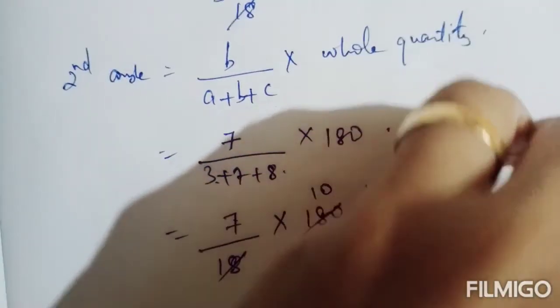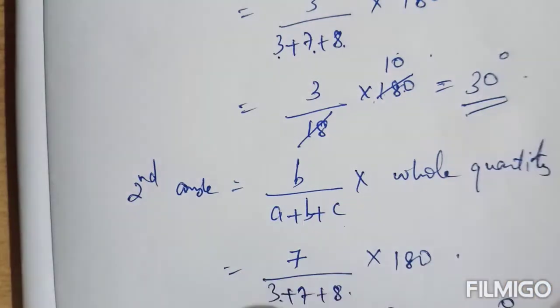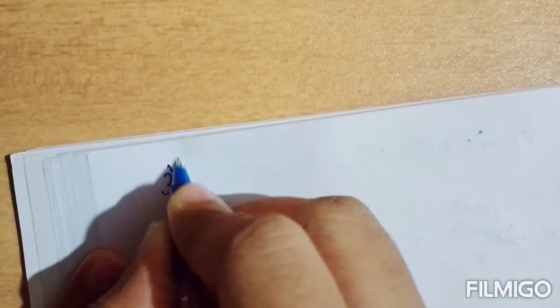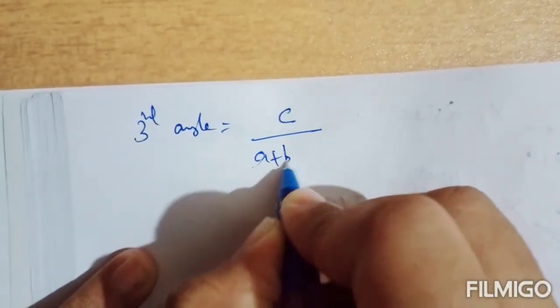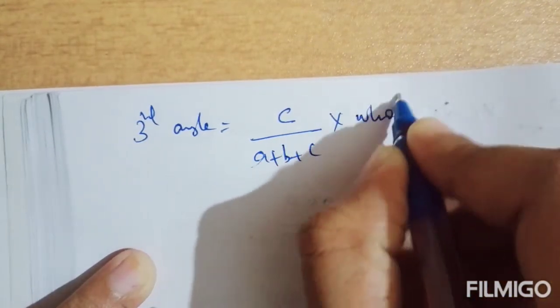Okay, next one more angle we have to find. Third angle, the formula is C by A plus B plus C into the whole quantity.